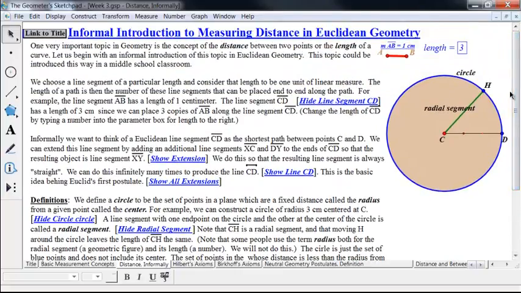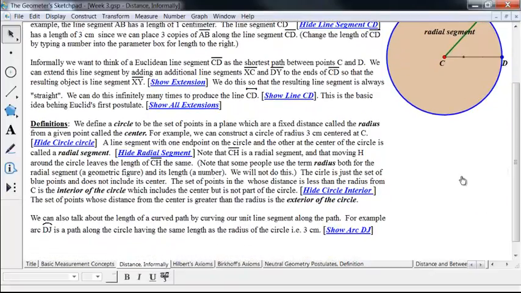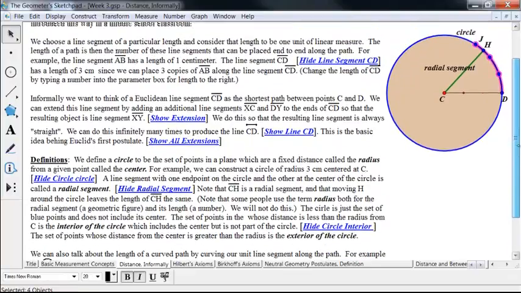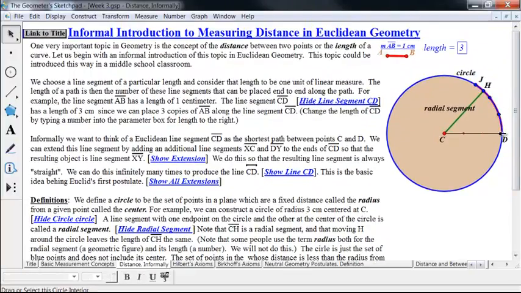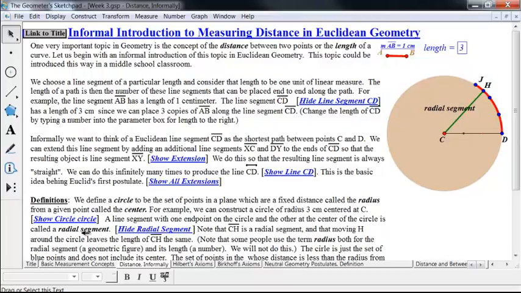Now, when we're talking about measuring length, we don't necessarily have to follow a straight path. We don't have to be measuring line segments. So, for example, we can look at a curved path like this path right here, which is a path along a circle. We can see the red path here.